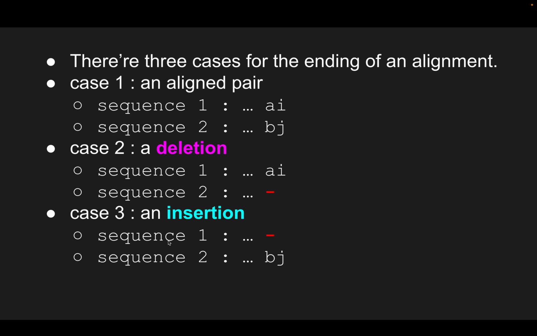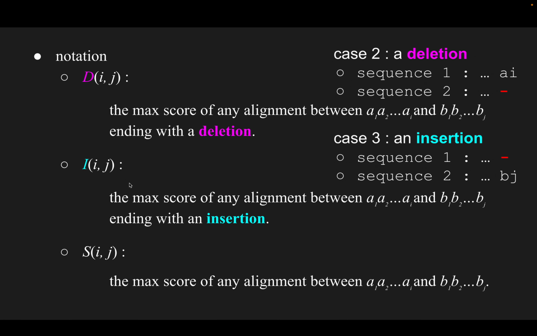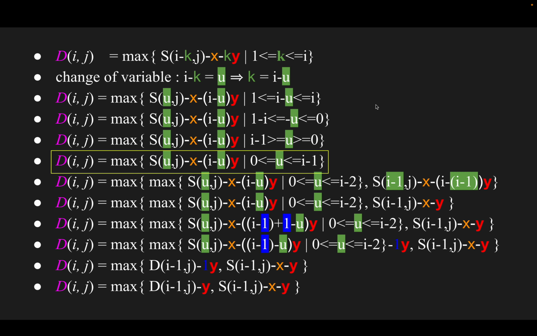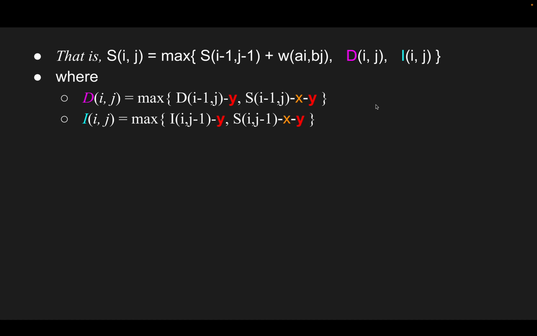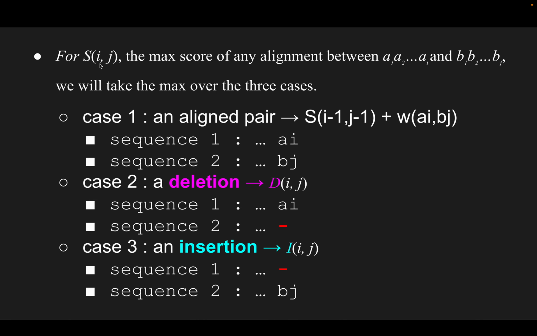But in general, we want to calculate S(i,j), which means there's no requirement for any ending. So for S(i,j), the maximum score of any alignment between sequence A and sequence B, we will take the maximum over the three cases.